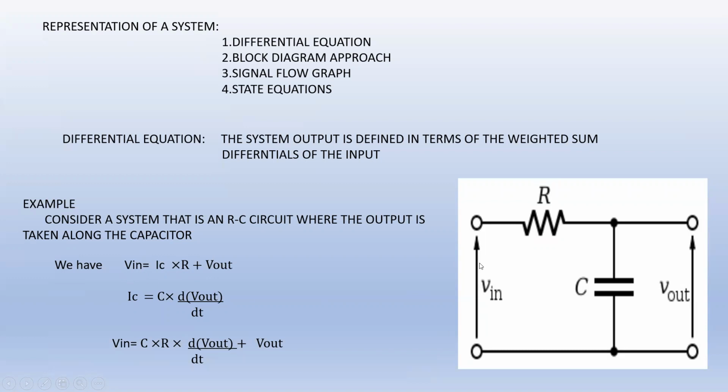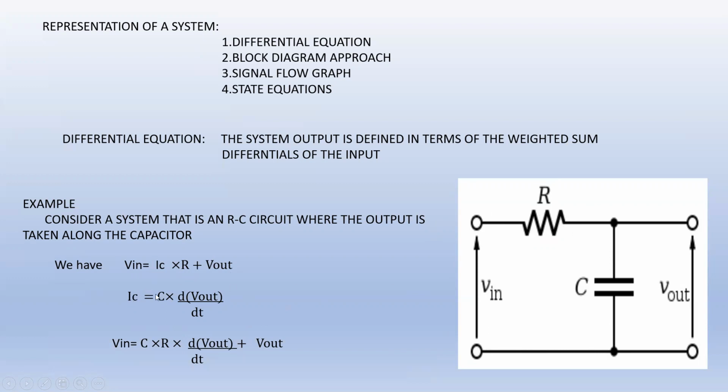So we apply KVL. In this input loop, we have Vin is equal to, let us say the current through this loop be IC, then IC into R, which is the voltage across this resistor, plus this output voltage, which is measured across this capacitor.